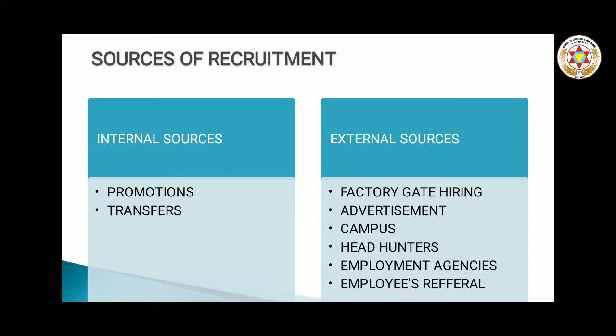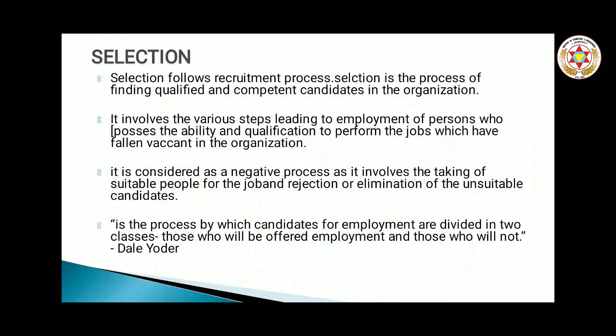Employment agency: it is a government employment agency that provides employment to people, and the people have to enroll themselves with that agency. Employee referral: sometimes an existing employee refers a particular person for that job. Now the selection process. Selection follows the recruitment process. It is always the second step after recruitment.